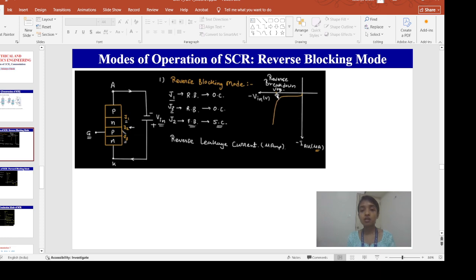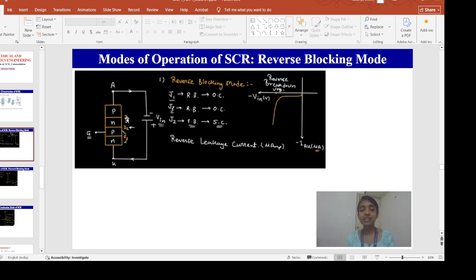So this is the breakdown voltage that you have applied here, and once you apply the breakdown voltage, the J1 and J3 depletion regions are removed, and your current will start increasing exponentially through the SCR. Okay, and if you apply more voltage than this reverse bias voltage, your SCR will get damaged.